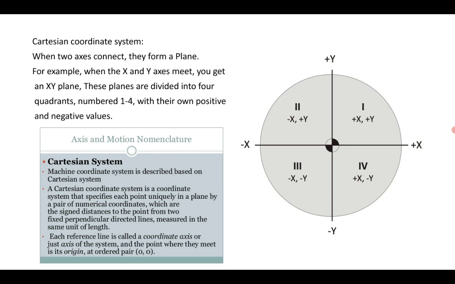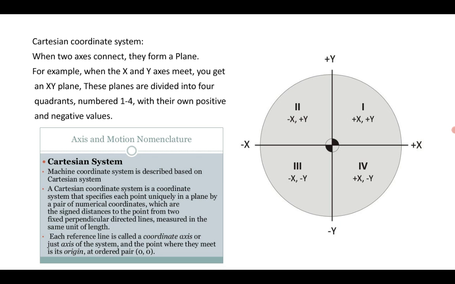You can see in the diagram here that these quadrants are numbered from 1 to 4.